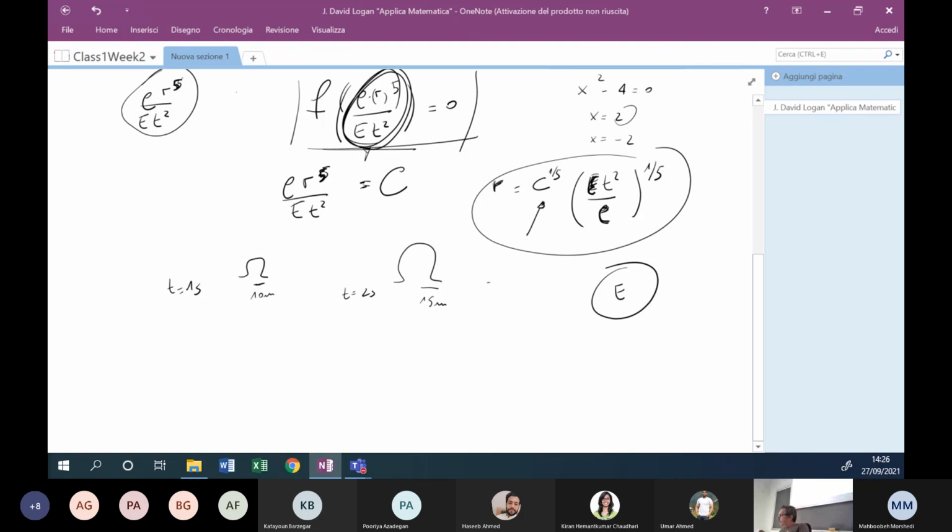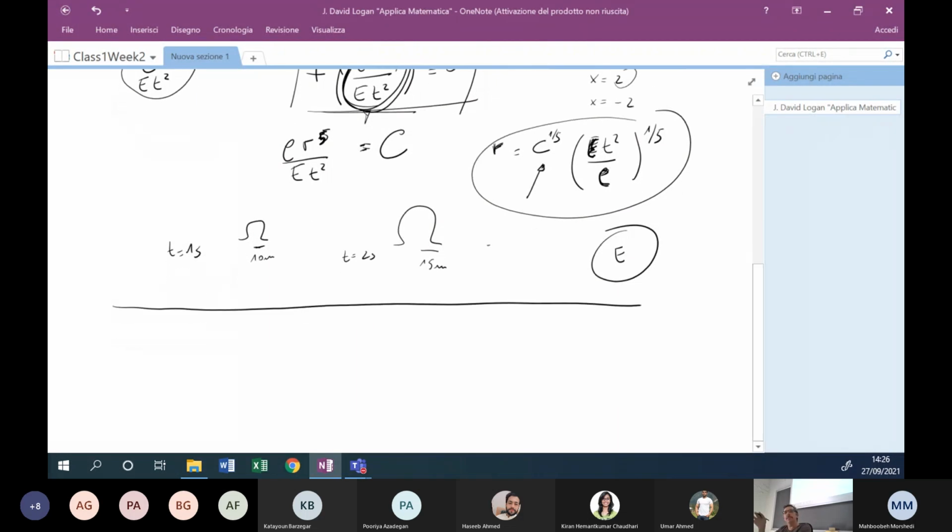Let me give you a second example, which is going in the same direction, and then I will give a proof of the Pi theorem.